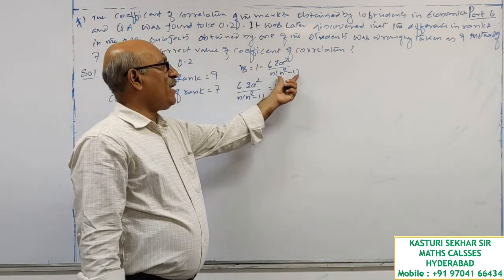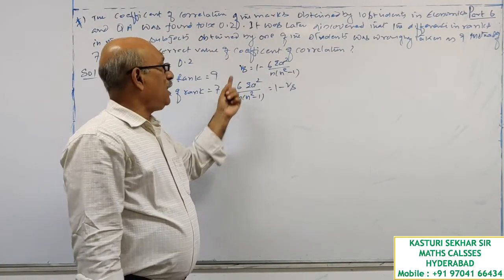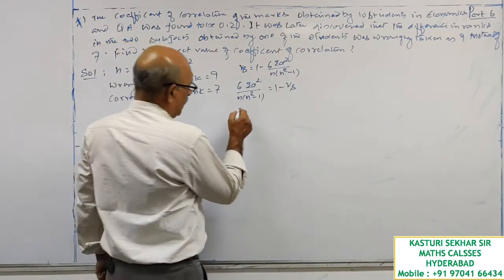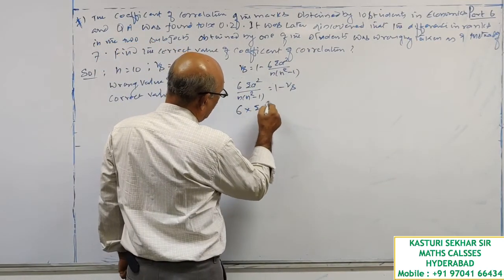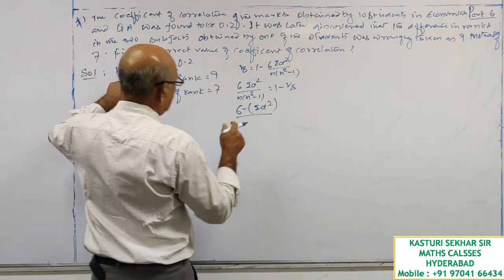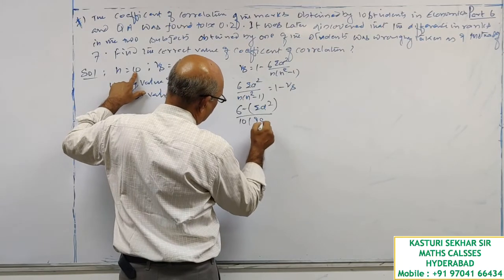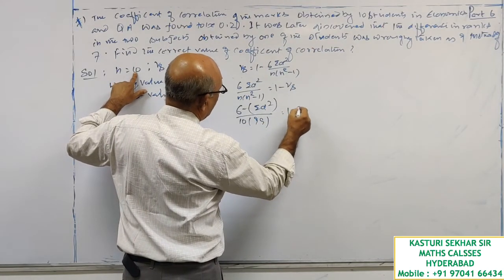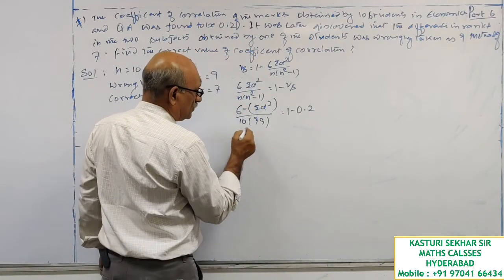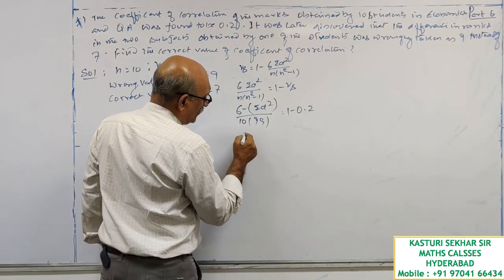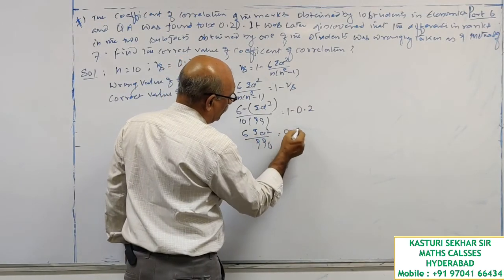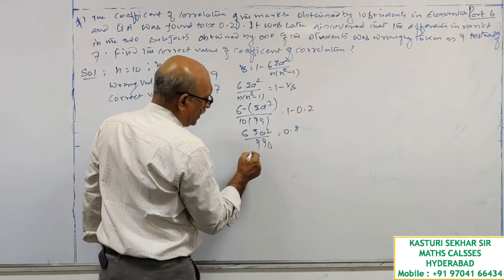Just this negative value is taken to the left hand side and this positive value to the right hand side. 6 into summation of d square by 990 is equal to 1 minus 0.2, that is 0.8.